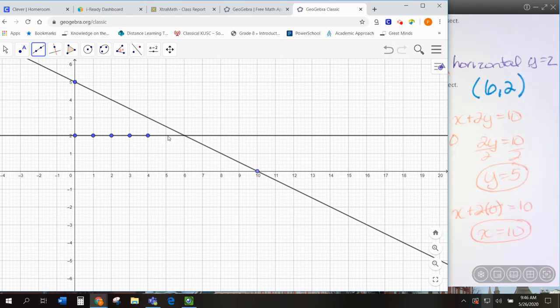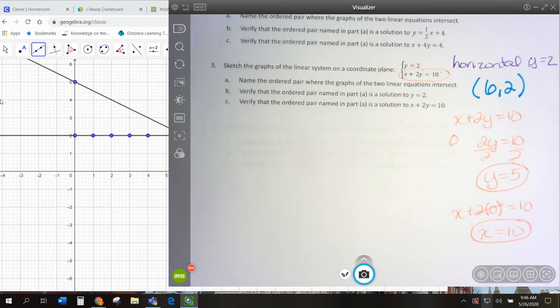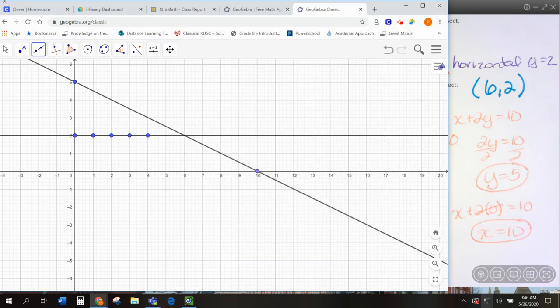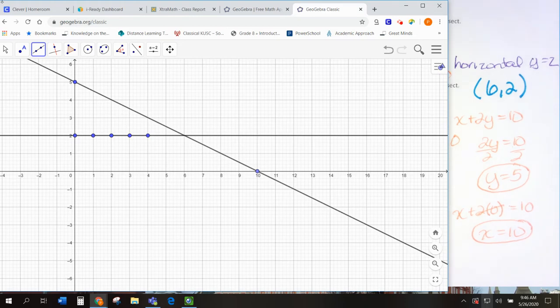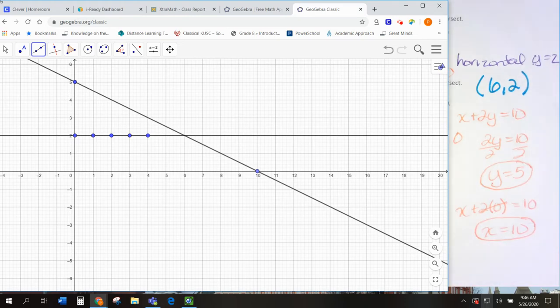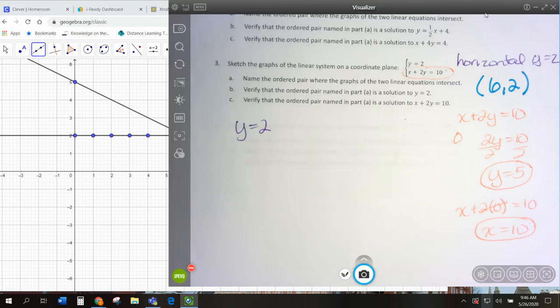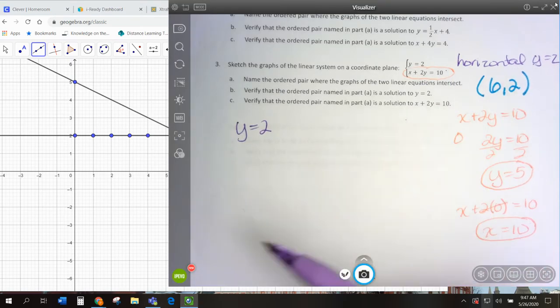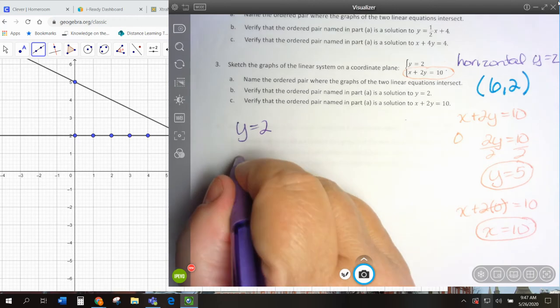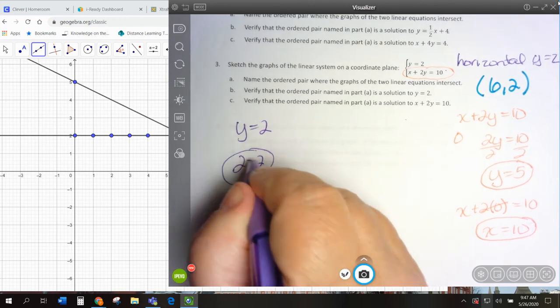So let's prove this. With the first one, y equals 2. For y, we have 2. So for here, I'm going to put 2. 2 equals 2, and that is correct.